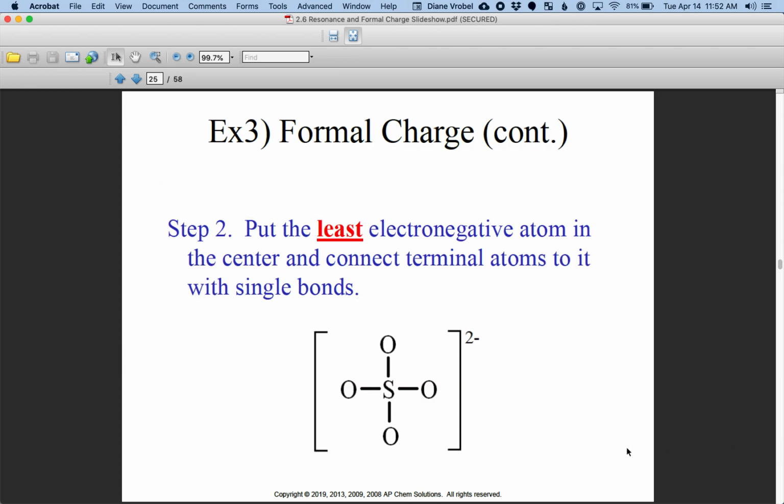Okay, so because sulfur and oxygen both have 6 valence electrons, you can't argue one over the other, but you could argue that sulfur is lower in electronegativity, so as a result of it, it's going to be the central atom. Notice that the oxygens are surrounding sulfur.